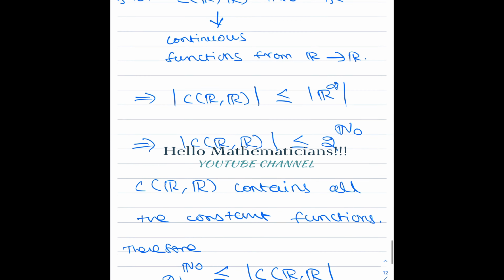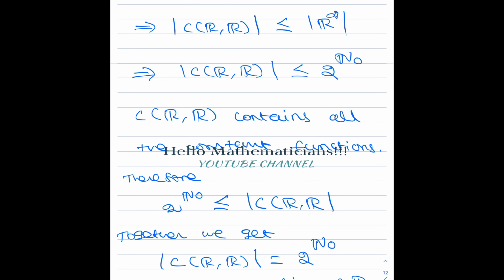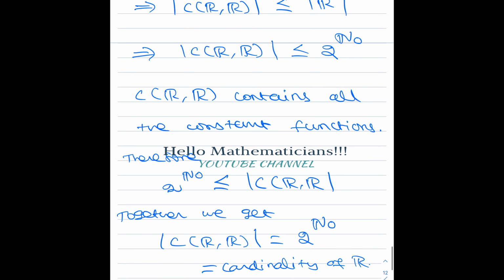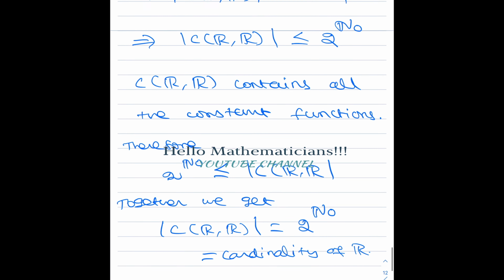Now in the first option we saw that the set of all constant functions and the set of all real numbers have the same cardinality, and the constant functions are continuous, right? So C(R, R) contains all the constant functions, and the constant functions have cardinality 2 power aleph naught.